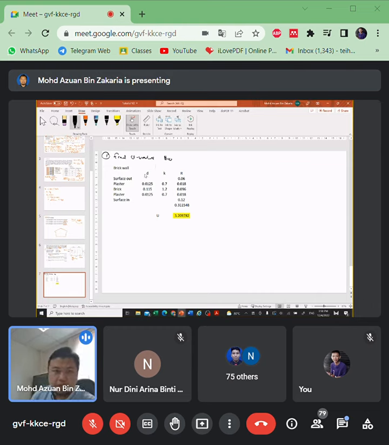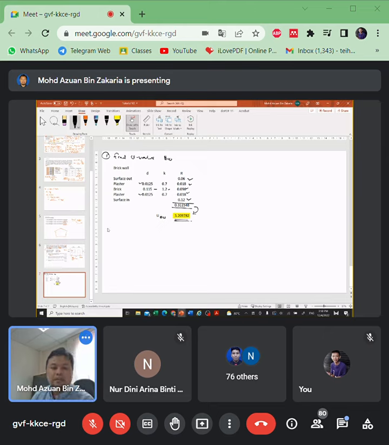So list out all the requirements: surface resistance out, resistance in, and then plaster, one layer outside, one layer inside. And then the brick itself. So the total R will be 0.312. From here we can calculate the U value for the brick wall, which is 3.2.